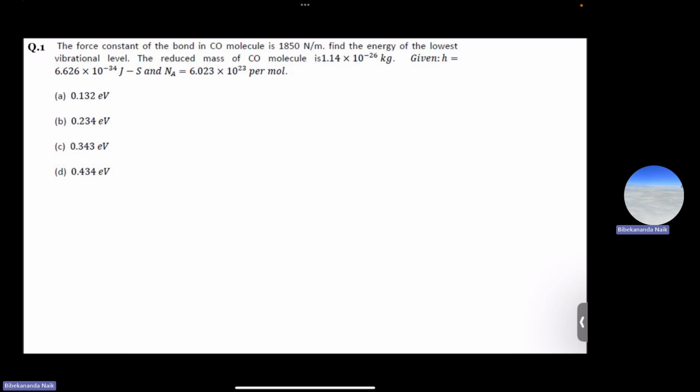Now, if you see the question, it says the force constant of the bond in carbon monoxide molecule is given. The force constant, which we generally denote as K, is given as 1850 newtons per meter.